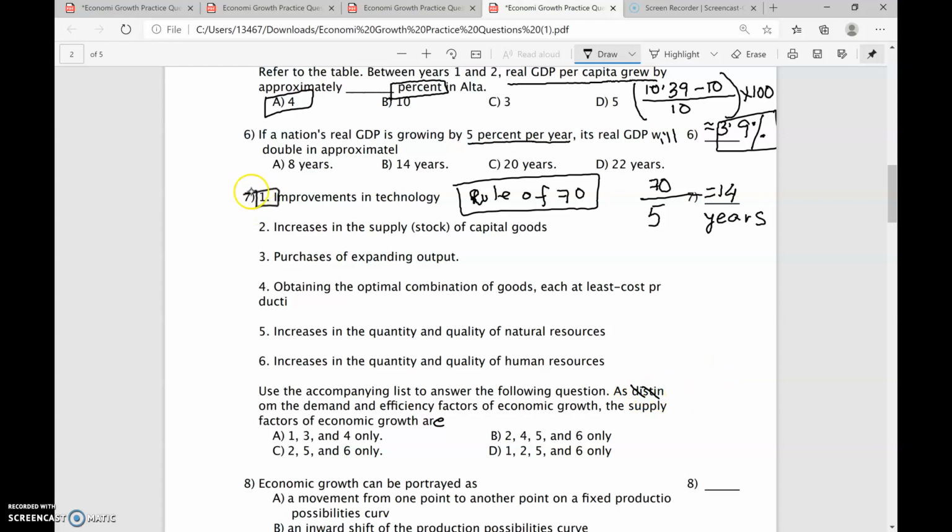It's going to be improvement in technology, the supply factor, definitely increase in stock of capital, not this one, neither this one, and this and this. So my result will be 1, 2, 5, and 6 only.